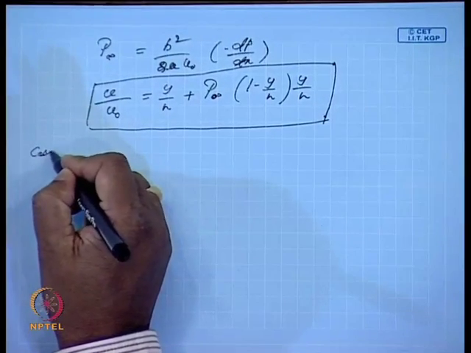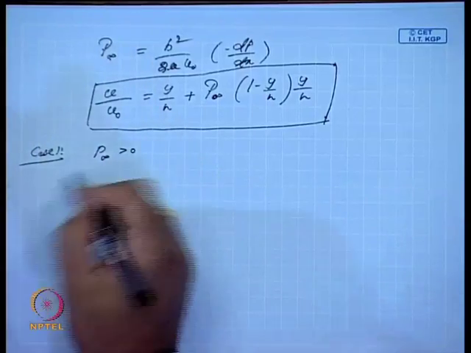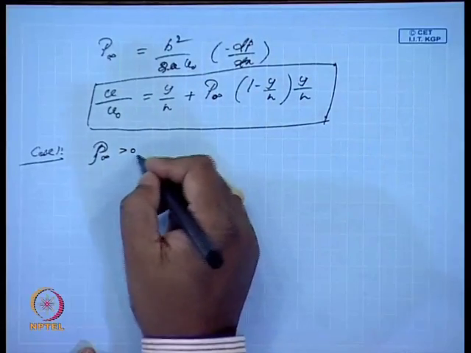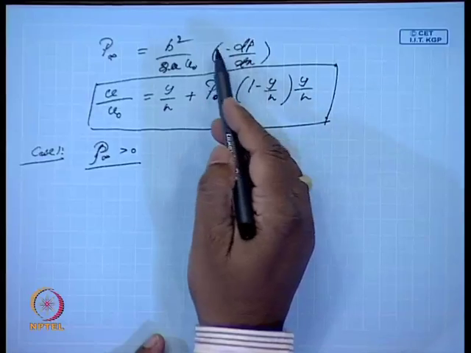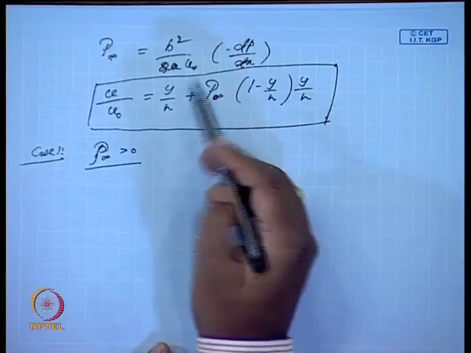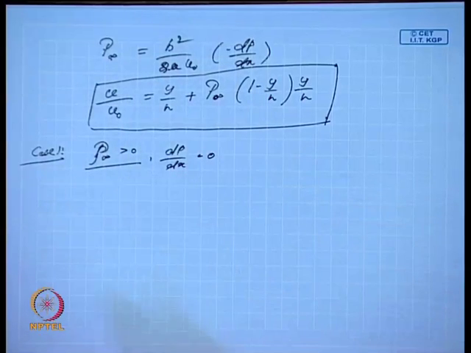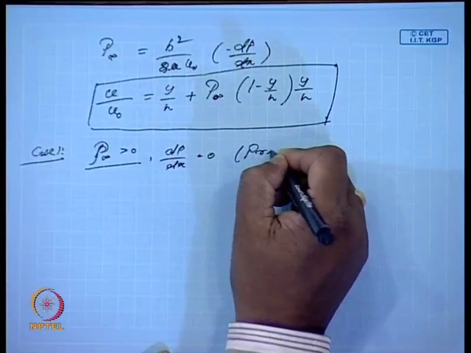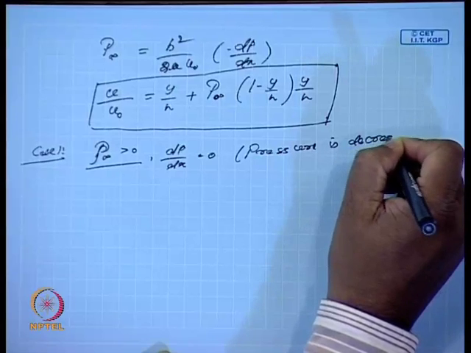In case 1, suppose P infinity is greater than 0. If P infinity is greater than 0, that means dp by dx is less than 0, and once dp by dx is less than 0, that means the pressure is decreasing in nature.